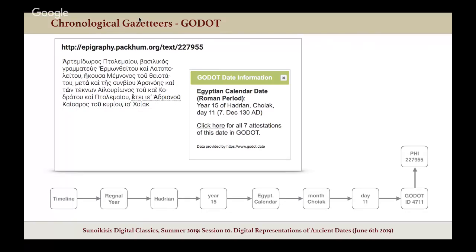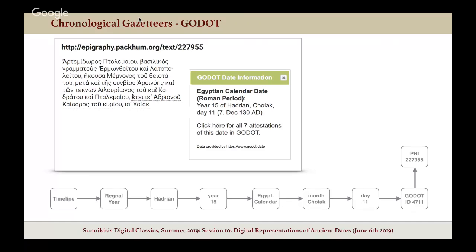So to transform that into a graph, we start with a timeline node. That's the first node, and then we have the year reference system. In this example, the regnal year of Roman emperors. Specifically, we are talking about Hadrian, his 15th year in the Egyptian calendar system.